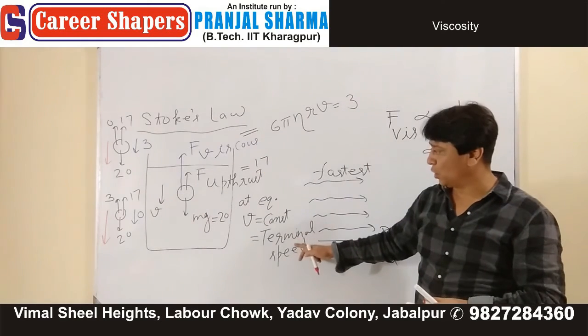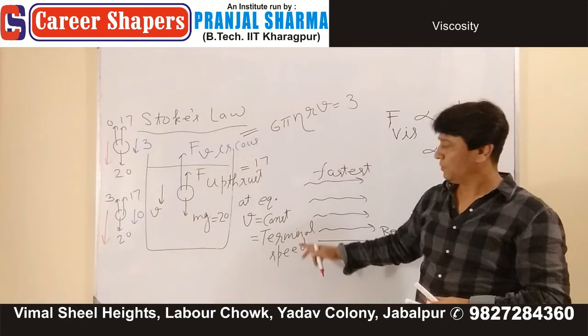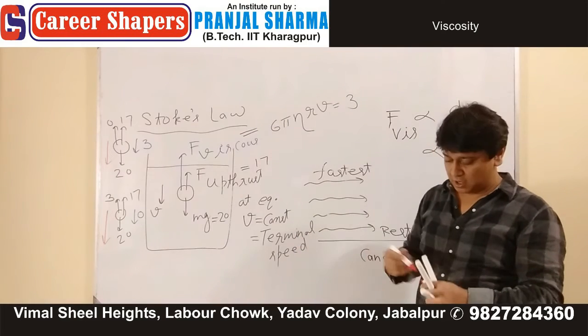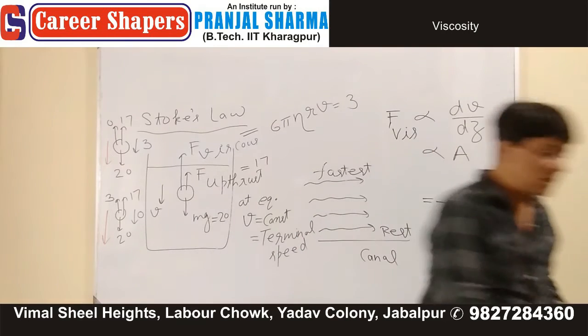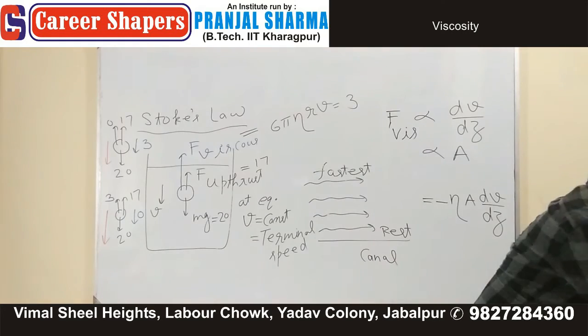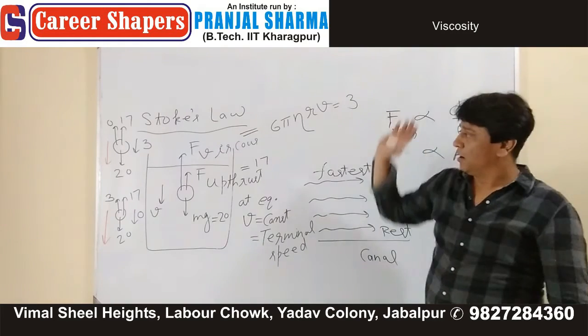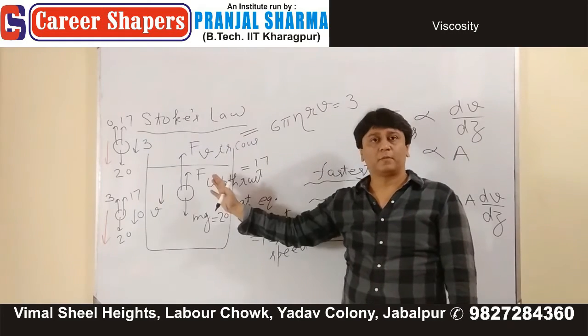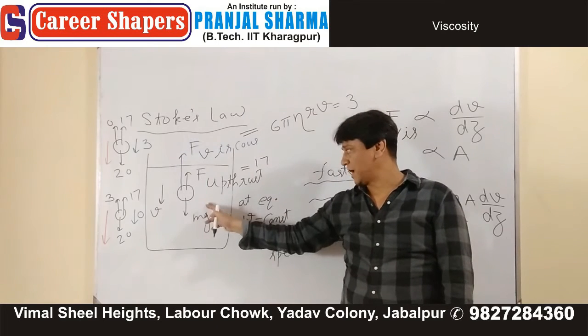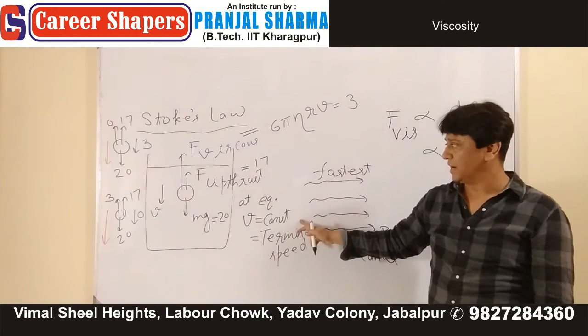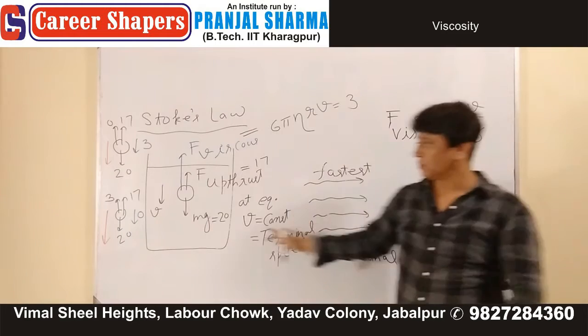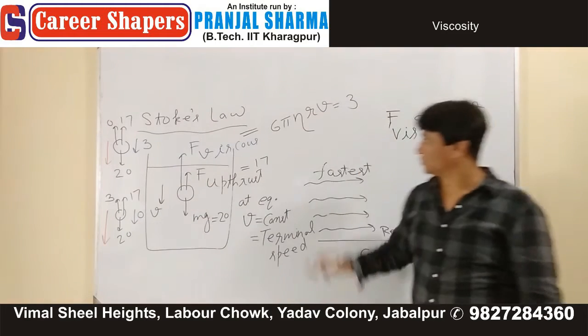Which is called what? Constant speed, that is terminal speed. And if they ask you to find out the terminal speed, now you have the answer. When you are at this stage where v is constant, we have found that total force is 0.